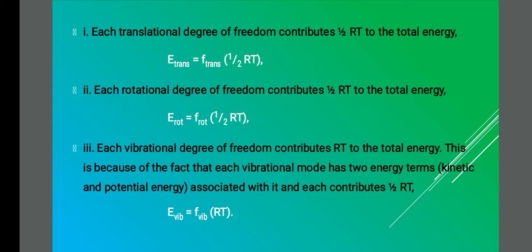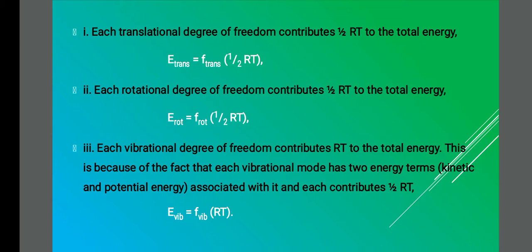So the amount of energy contributed by the different degrees of freedom is: E trans is equal to F trans into half RT. E rotational will be F rotational into half RT.